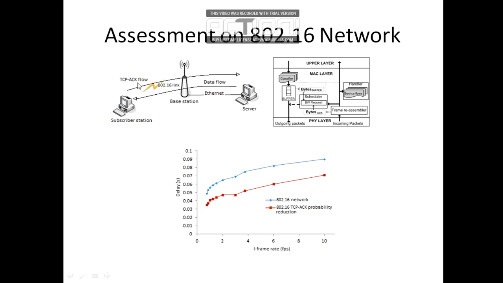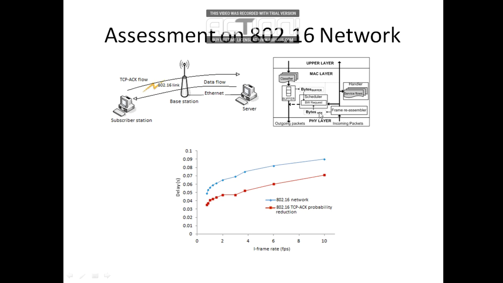So in order to allow TCP-ACK to transmit faster, we modified the MAC layer of the base station. In the reassembler frame, the incoming packet will be checked to see whether the frame contains the acknowledgement byte or not.